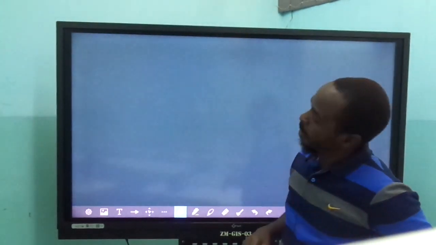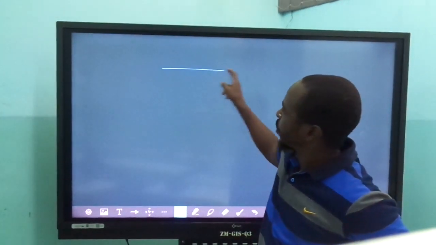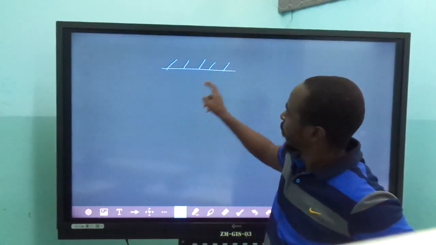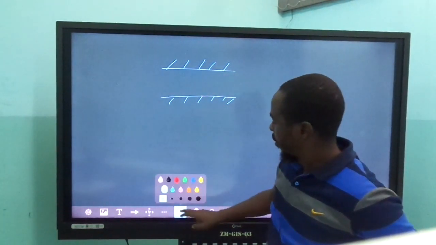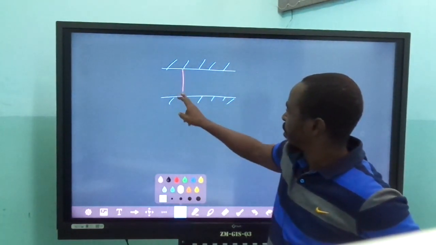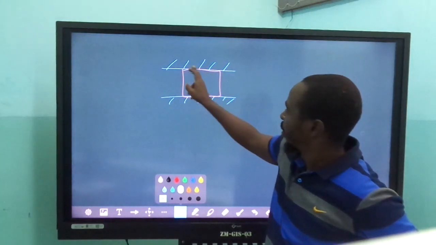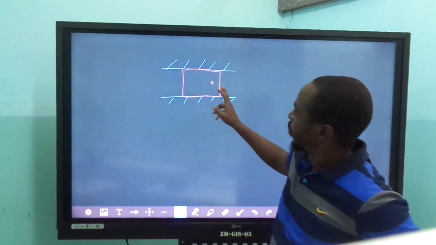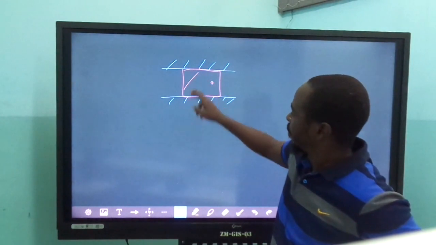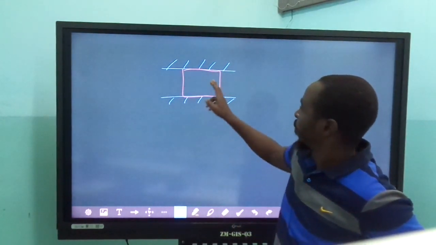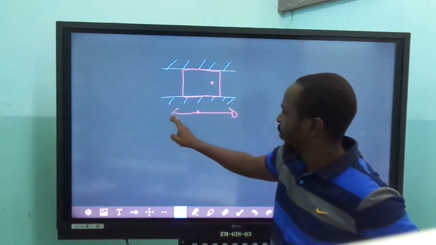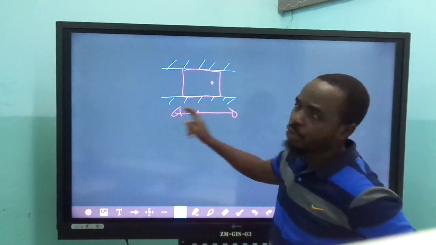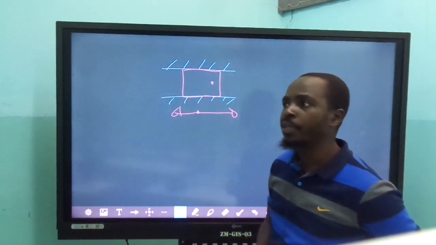For example, the motion of the piston in a cylinder bore has that repetitive motion. This motion is repetitive, therefore it is periodic.